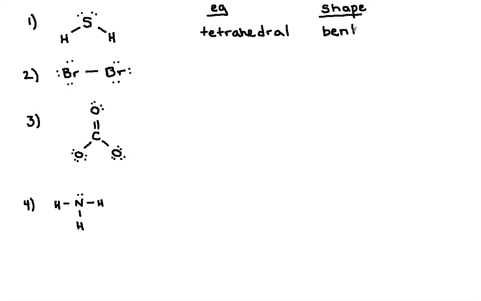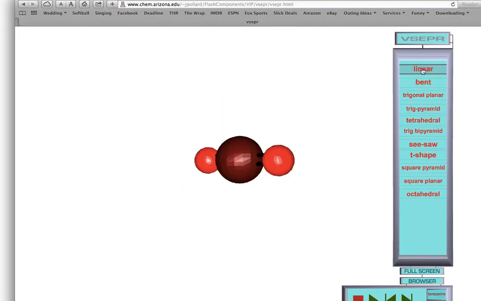All right, for Br2, the shape of this is going to be linear. No, it does not have a double bond. I'm not sure how to show it with just a single bond in this program. With Br2, you don't have a central atom, so you can kind of ignore this dot right here, and just consider these 2.